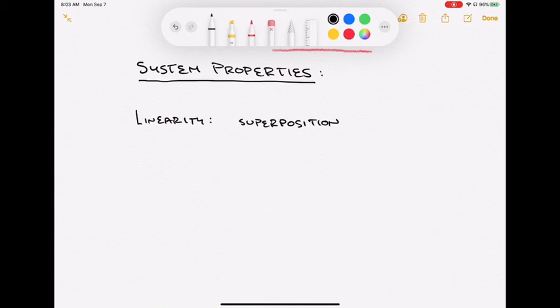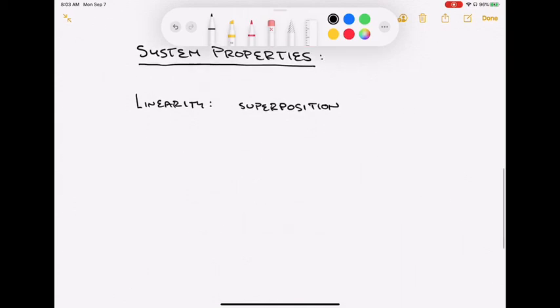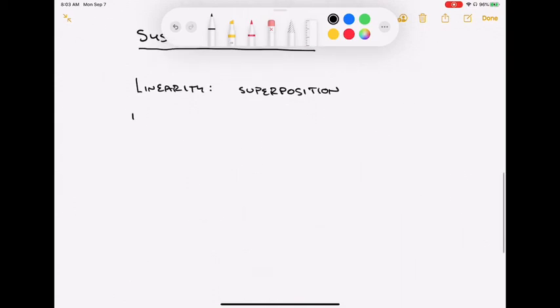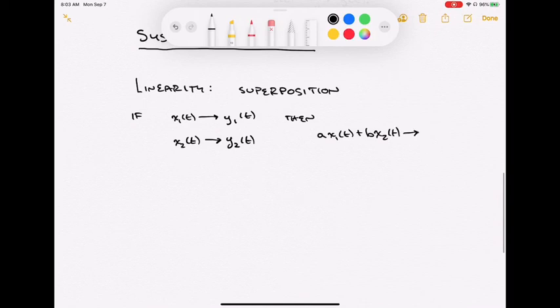If I wanted to write this mathematically, I might say: if input x1 of t generates an output y1 of t, and x2 of t generates an output y2 of t, then a linear system would be one where the input a x1 of t plus b x2 of t will generate an output what?